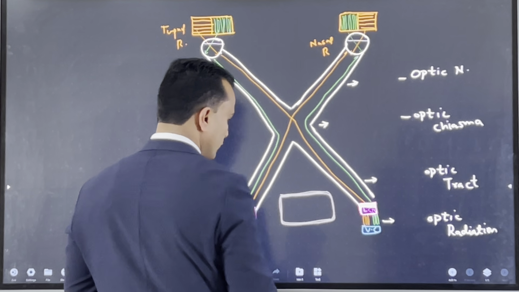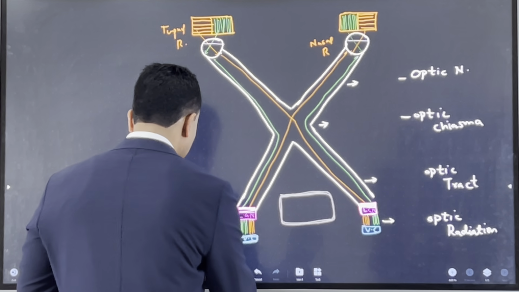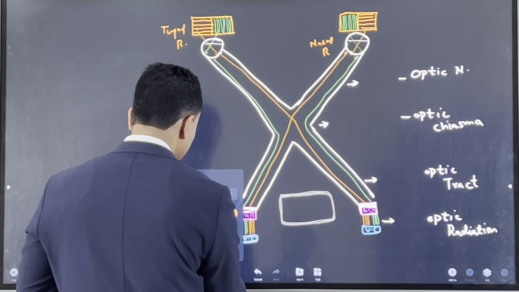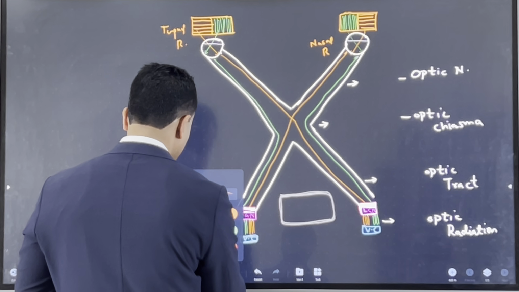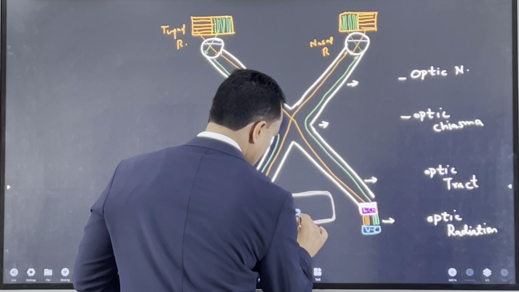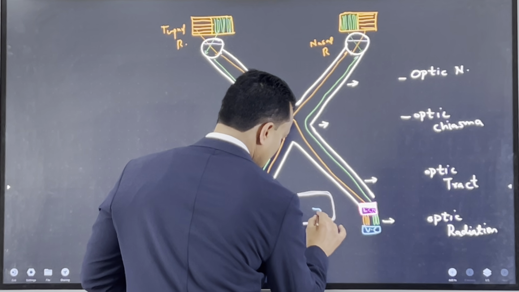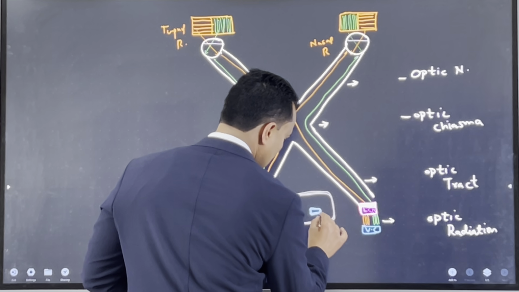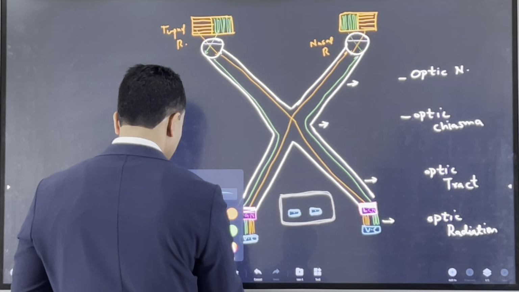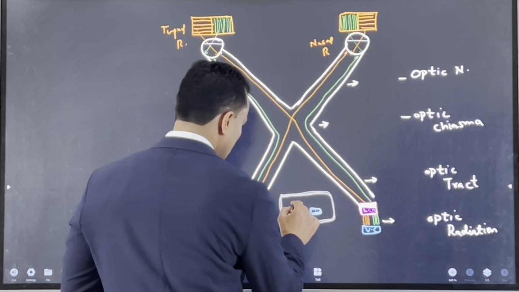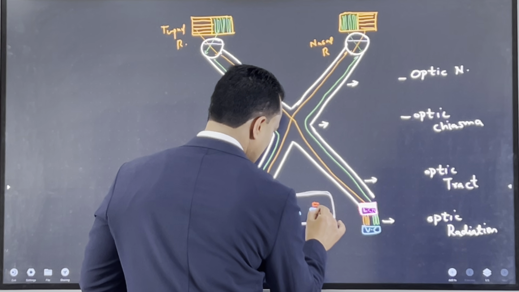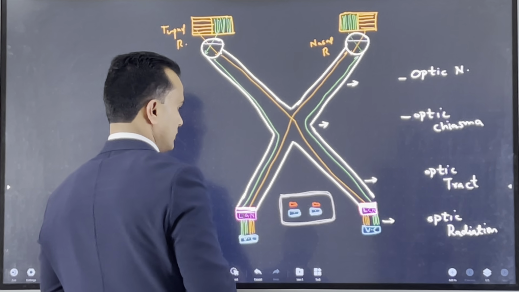As we know, the third and fourth cranial nerves both originate from the midbrain, and in the midbrain we have some important nuclei, one of them being the pretectal nucleus. Here we have the pretectal nuclei on both sides, and above the pretectal nucleus we have another nucleus, the parasympathetic nucleus of the third cranial nerve, called the Edinger-Westphal nucleus.